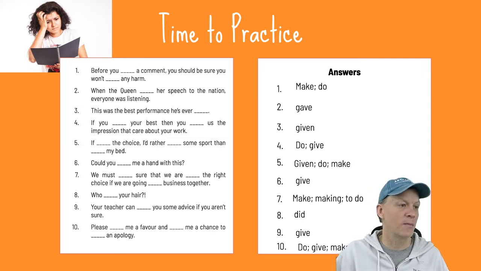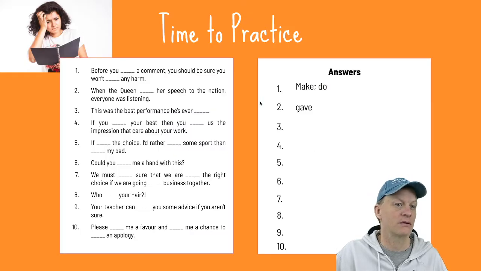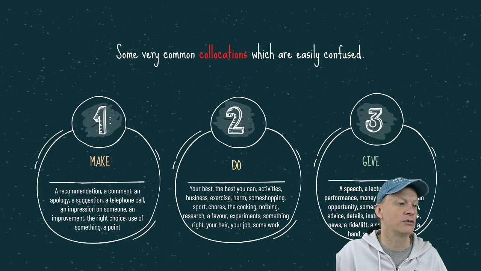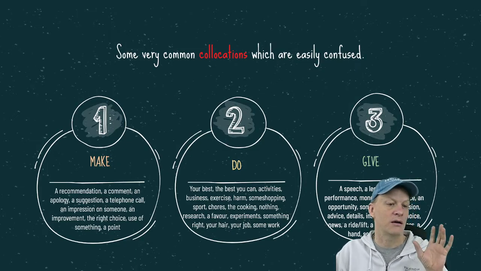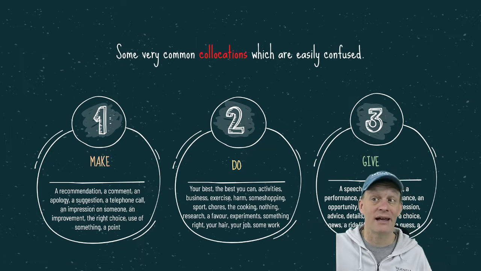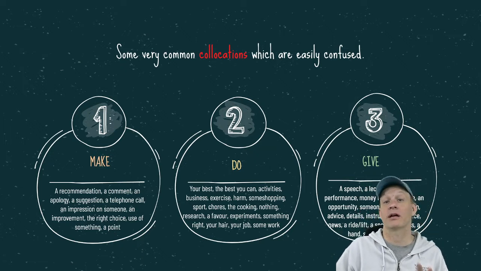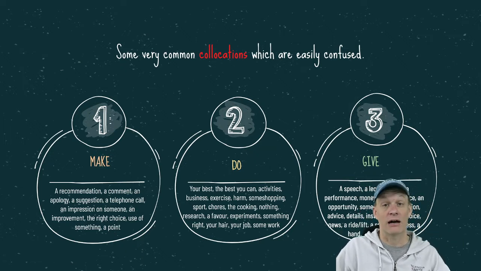So I'm going to just go back up to the previous one so that you can see, again, if you want to take any of these down, write these down. Now is your chance.